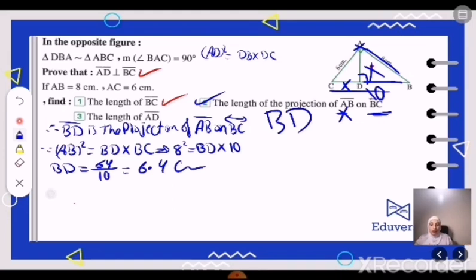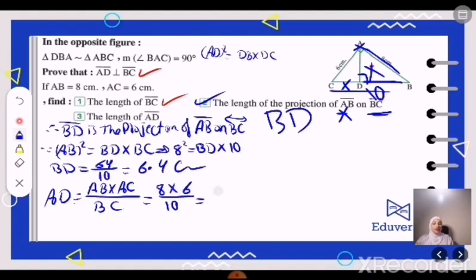And also we can use the easiest method here because we have the three sides. AD will be AB multiplied by AC divided by BC. Then AB, which is 8, multiplied by AC, which is 6, divided by 10. 6 times 8 equals 48, divided by 10, which will be 4.8 centimeters. And that's all he needed here, and we got it all.